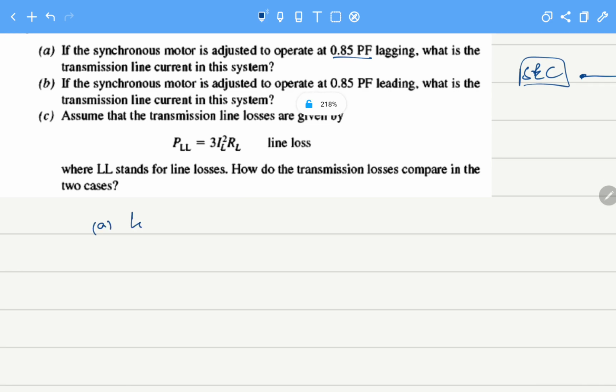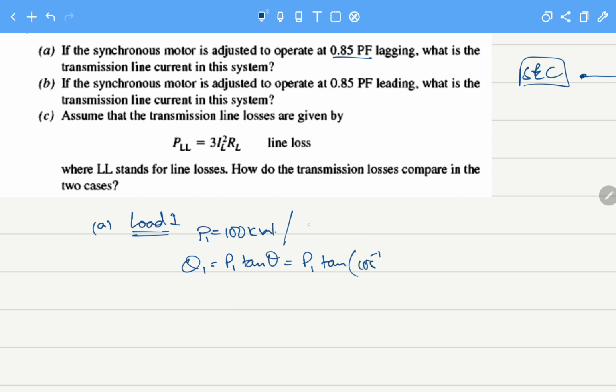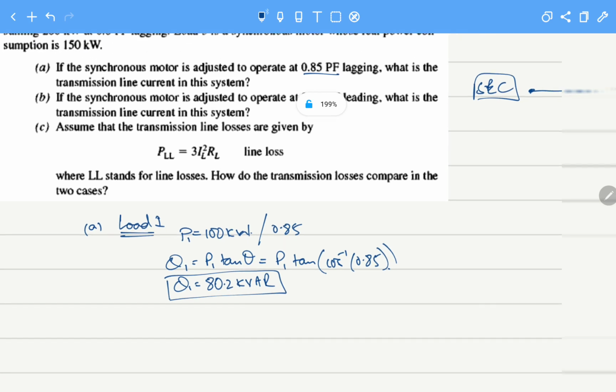Let's look at load 1. We know P1 equals 100 kilowatts, and the reactive power Q1 equals P1 tan cos inverse of the power factor, which here is 0.85, so we can put 0.85 here, and this will become Q1 equals 80.2 kVAR.